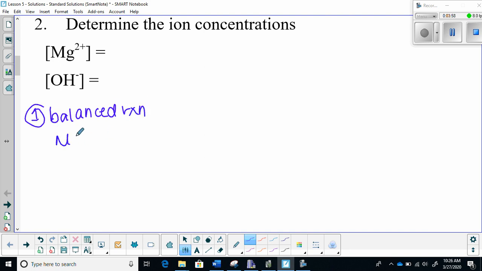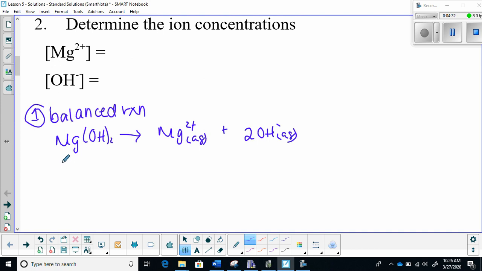So we take magnesium hydroxide, and I know a lot of you will be like, this compound's not really soluble in water. I know, but we're going to use it for the purpose of this example. So this is going to split into the 2 ions, magnesium 2 plus, aqueous, and then plus 2 hydroxide ions, aqueous.